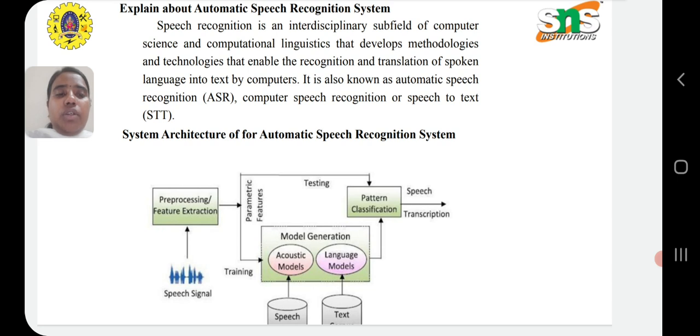The text corpus is given to the language models, from which the model generation happens. From pre-processing and feature extraction, the features go into pattern classification, so all the patterns are classified, and the speech is taken out and converted into transcription.